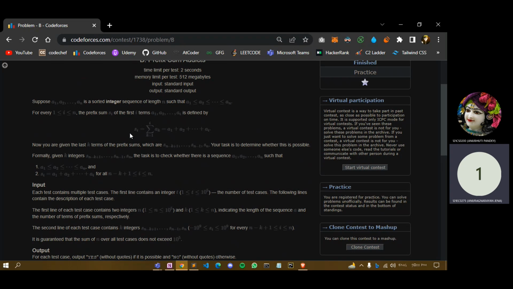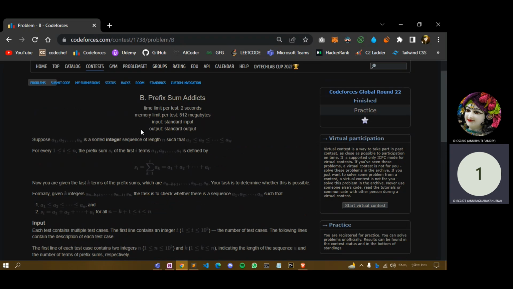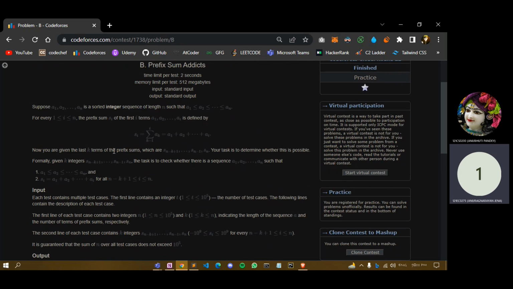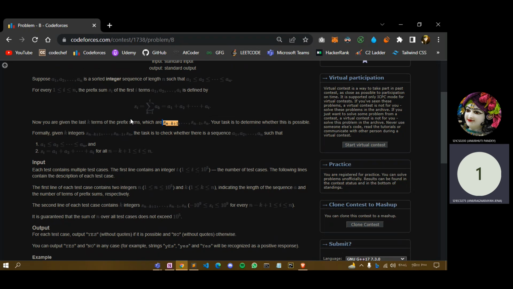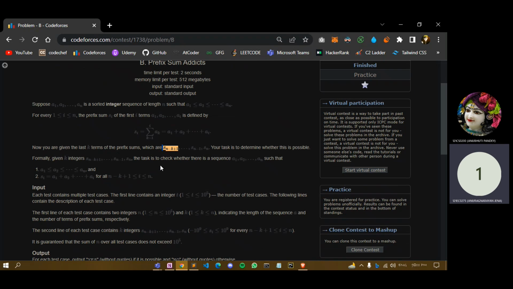Here we often use S of I as a prefix sum, and we are given the last k terms, meaning S of n minus k plus 1 till S of n. The last k terms of the prefix sum array are given to us, and we have to check whether the array is possible or not.